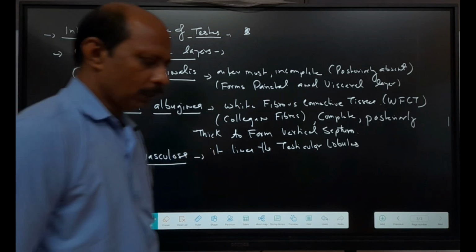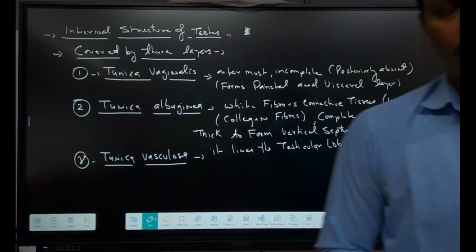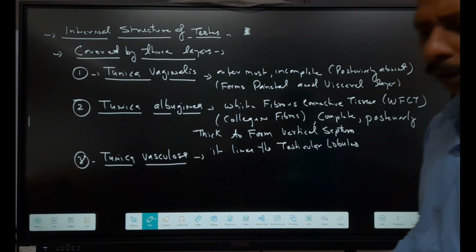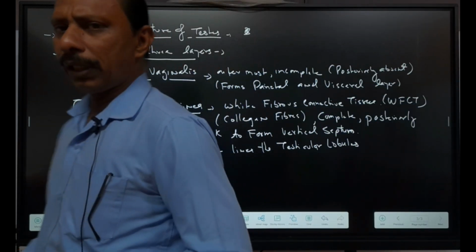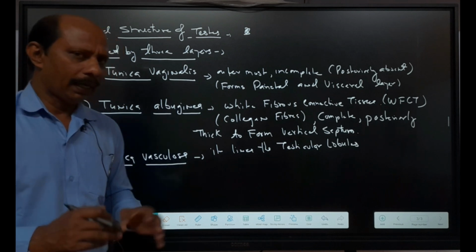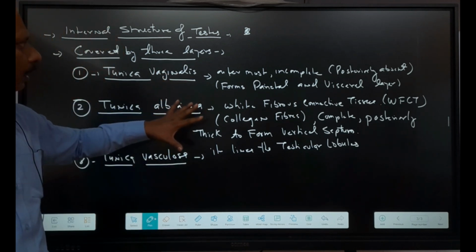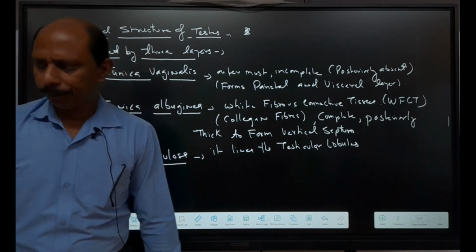It is the last one which lines the testicular lobules, and we know 250 testicular lobules are present, or we can say compartments in each testis, as given in NCERT. So these three coverings or layers are present in testis, right?